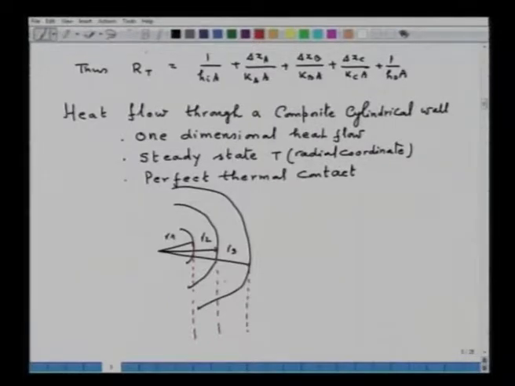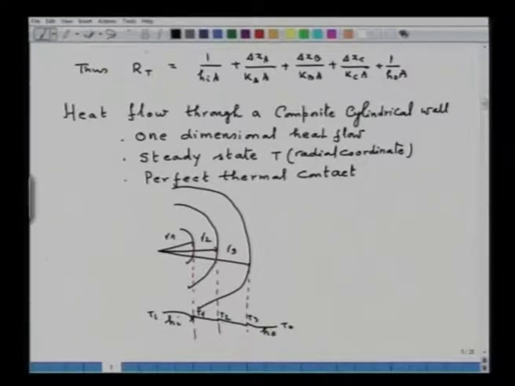The temperature profile somewhere here, this R1 is facing the furnace. So, here if I have the temperature Ti, then the temperature will drop, and this temperature, let us say, is T1, this interface temperature is T2, and this interface temperature is T3, and from here it goes to T0. So, here you have heat transfer coefficient Hi, and here you have the heat transfer coefficient H0.